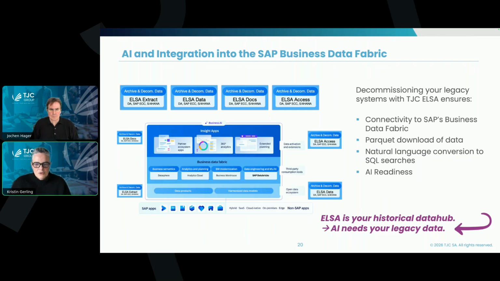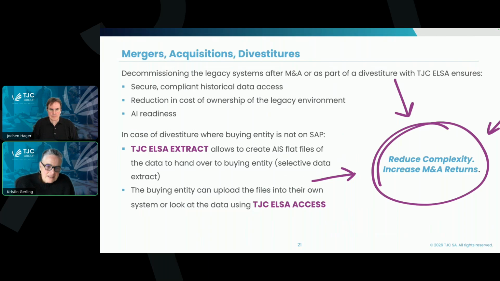And now we'll go into some more generic use cases: mergers, acquisitions, divestitures. They have been use cases that have been around for a long time for our SAP customers. Imagine you are company A and you're acquiring company B. Both of you have your own SAP landscapes.